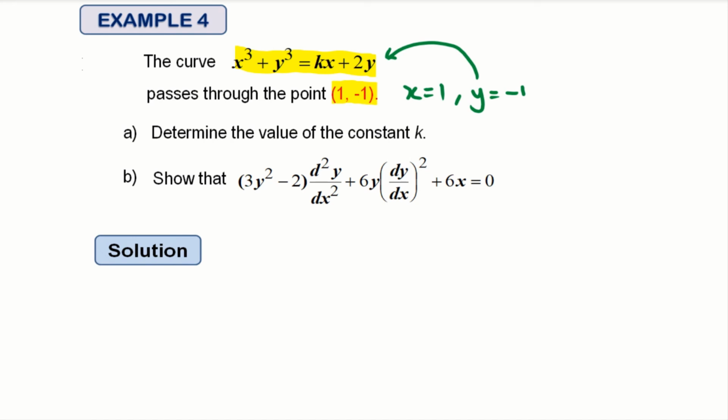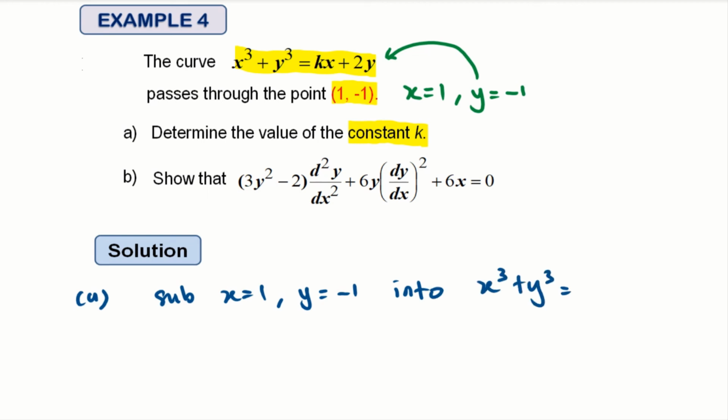So jadi clearly untuk cari constant k, kita boleh substitute terus lah 1, negative 1 into x cube plus y cube equals to kx plus 2y. So first equation, we sub x equals to 1, y equals to negative 1 into x cube plus y cube equals to kx plus 2y.